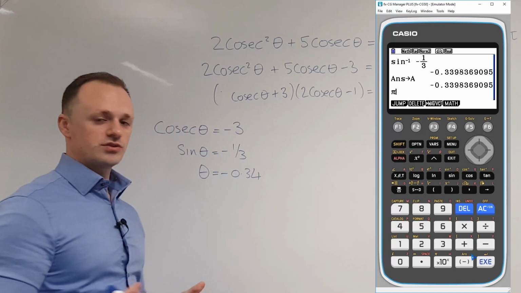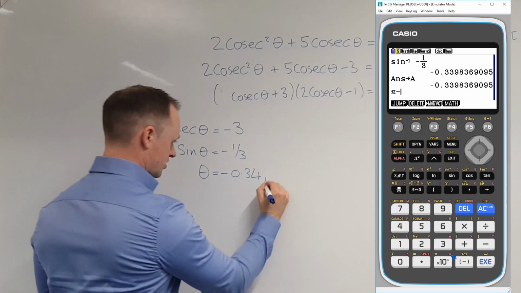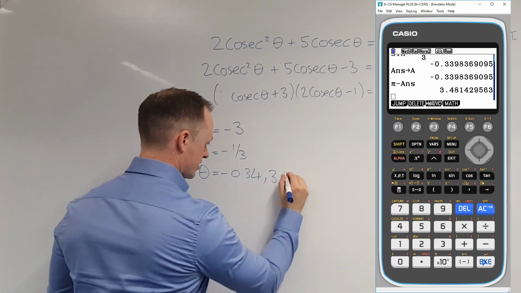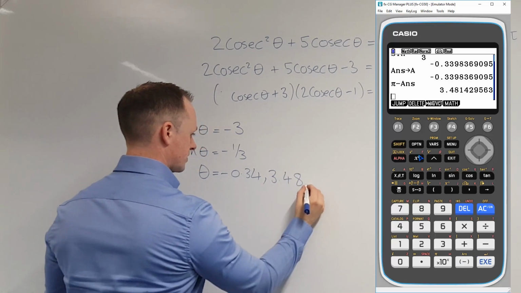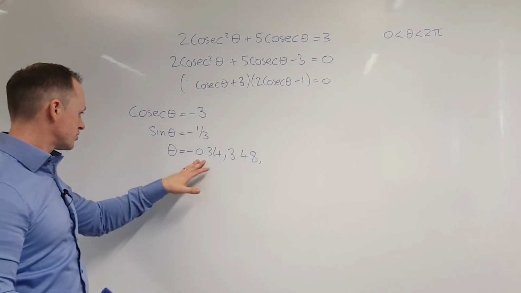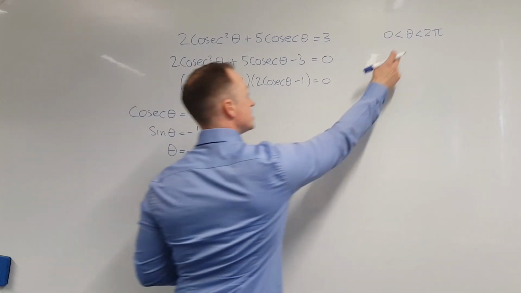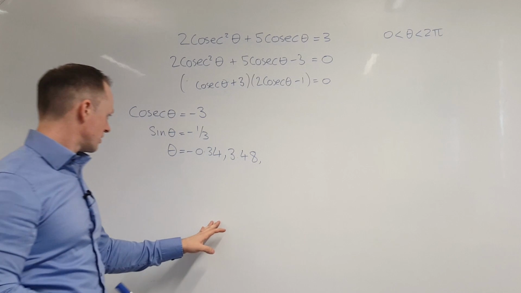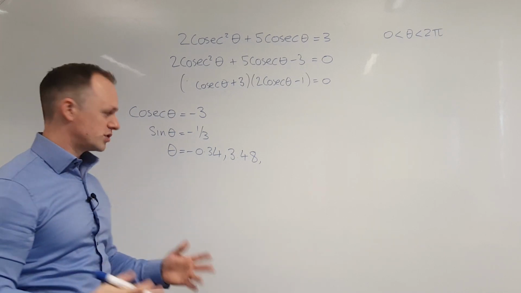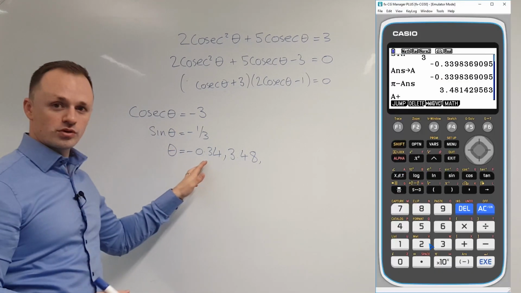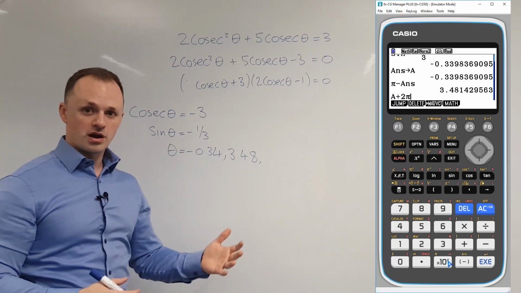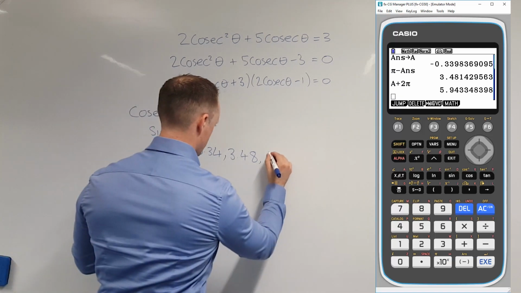To get a second solution, we can do pi minus the first solution, and that will give us 3.48. And because the minus 0.34 is not within our interval, 0 to 2 pi, we might want to look for a further solution. We can get that by doing minus 0.34 and adding 2 pi. That would get us to 5.94.